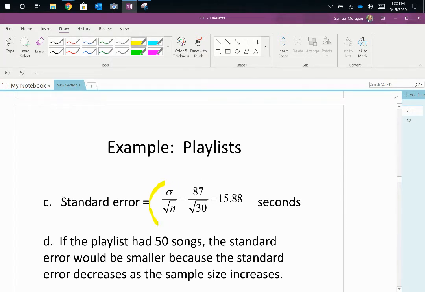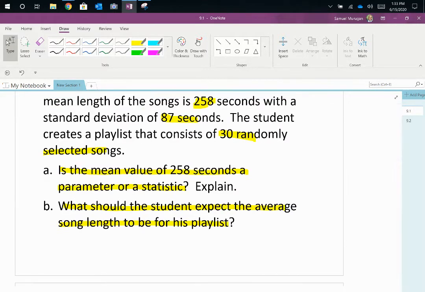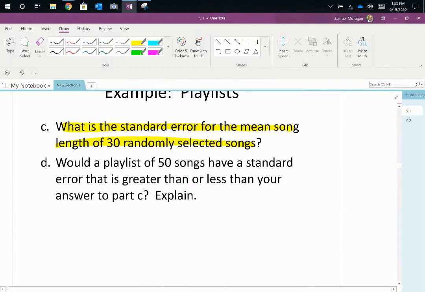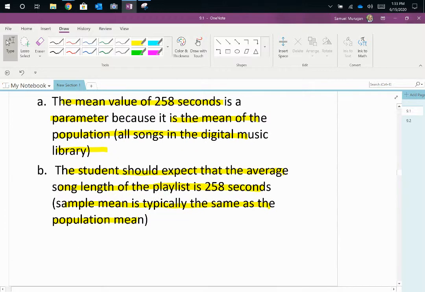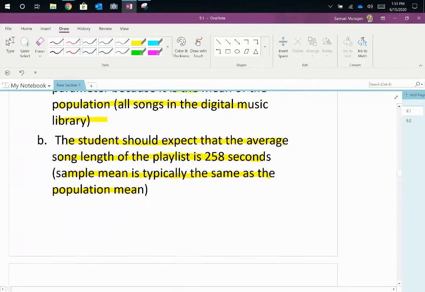It is sigma divided by the square root of n, where in this case the sigma value, 87, is given in the problem as the standard deviation, divided by the square root of the sample size to give 15.88. That is the standard error.